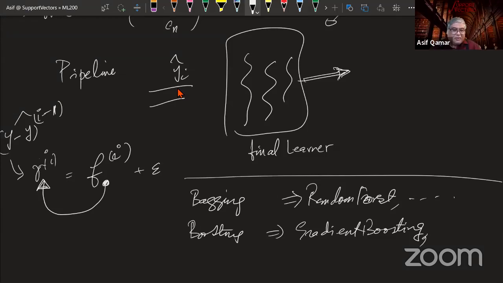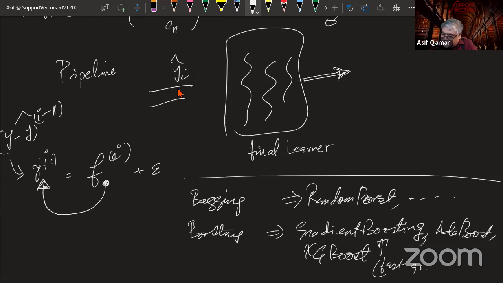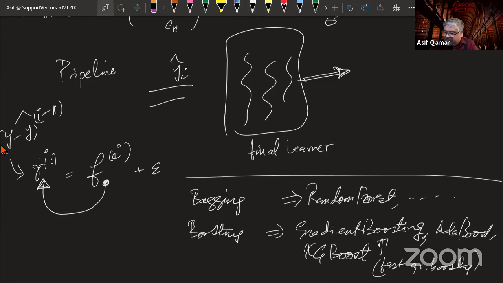But because gradient boosting is so dominant these days, let me stay with the main one. But okay, there it is, AdaBoost, and XGBoost is essentially just a very fast implementation of gradient boosting. And then there are other variants of it, like for example, CatBoost.